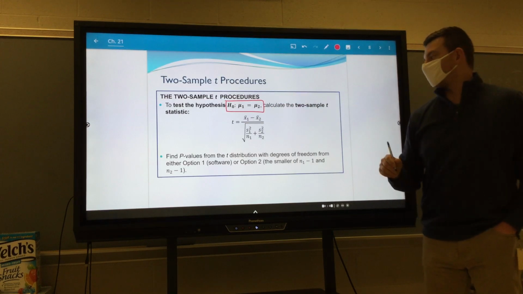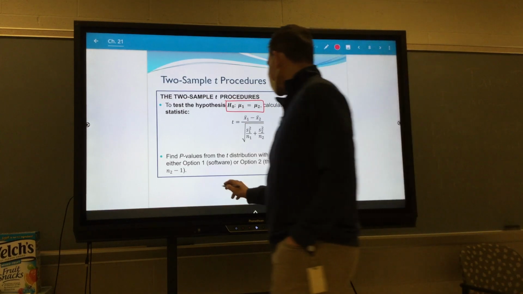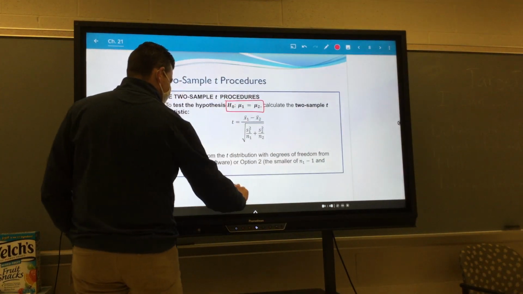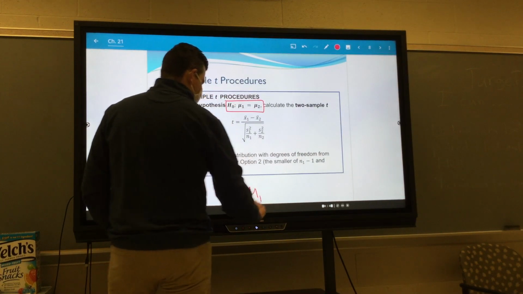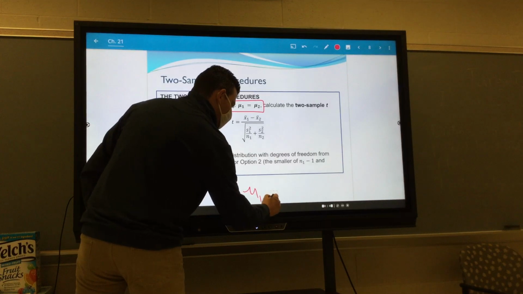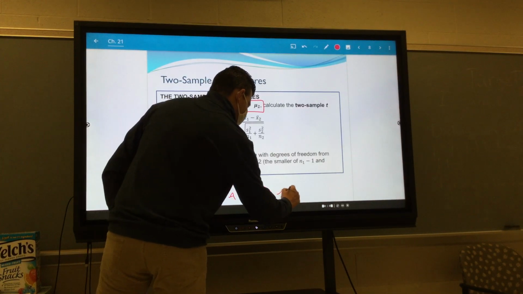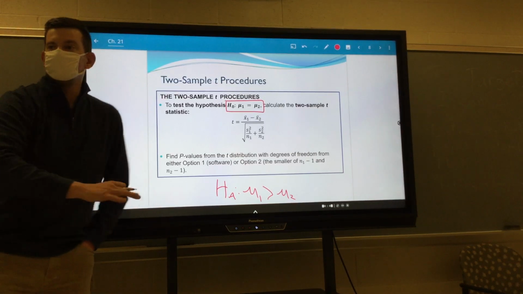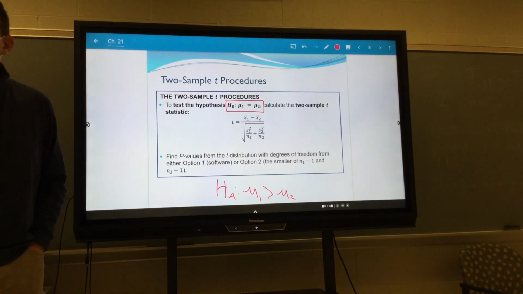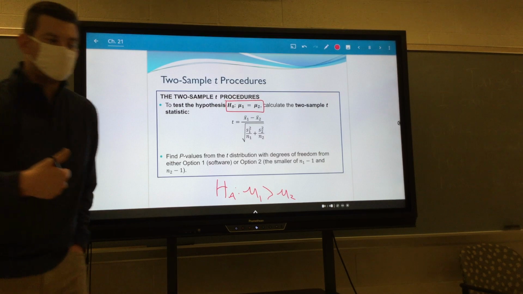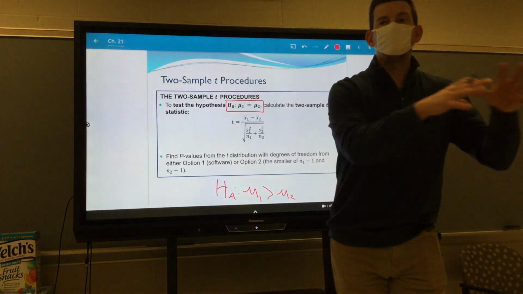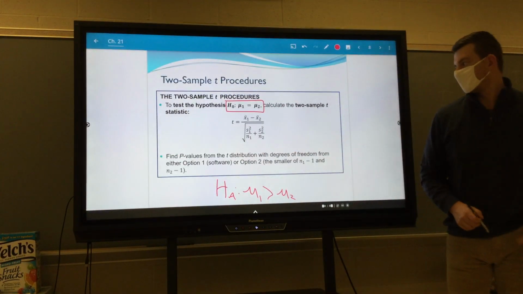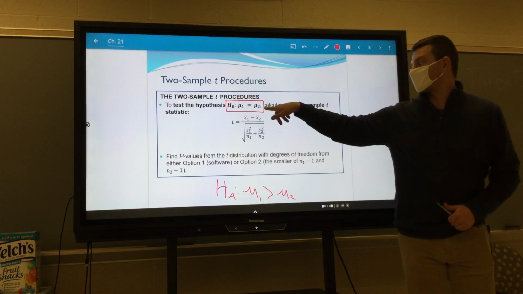The alternative hypothesis is probably going to be something along the lines of the treatment group is better than the control group, that you have a higher average than the expected treatment, okay? That your new drug performs better than the old one. The null hypothesis is that they perform equally.